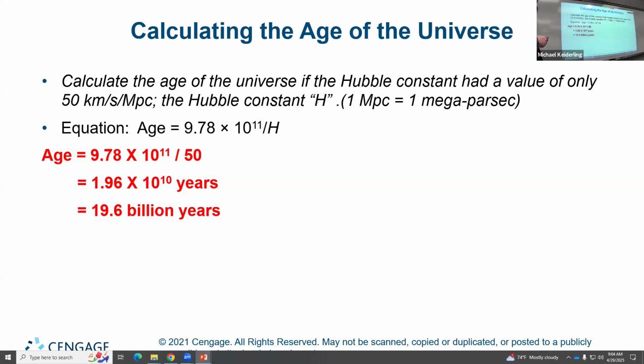Because this thing, if you work it out, has units of 1 over time. They're really weird units of 1 over time. So if you convert this to 1 over years, which is what this constant does, and do 1 over it, that'll give you the age of the universe in years. So if the Hubble constant was smaller at 50 kilometers per second per megaparsec, the age of the universe would be 19.6 billion years.